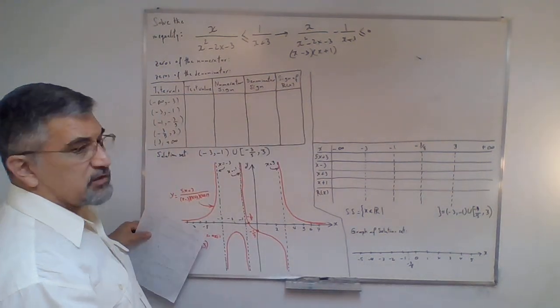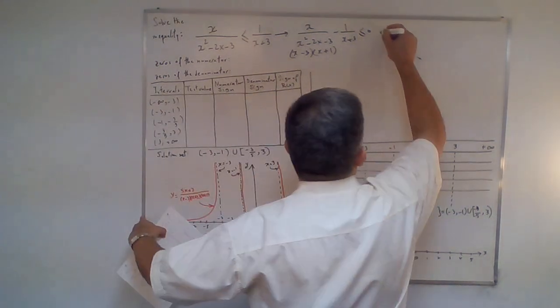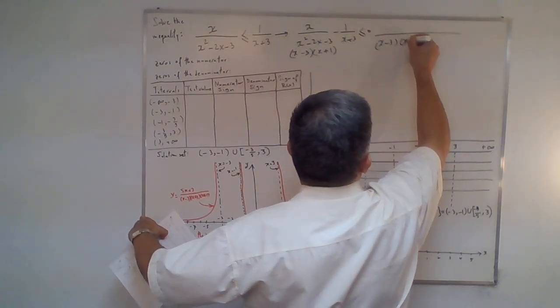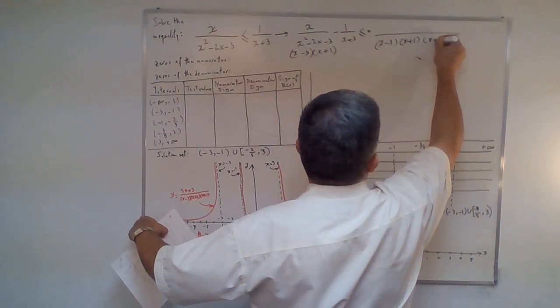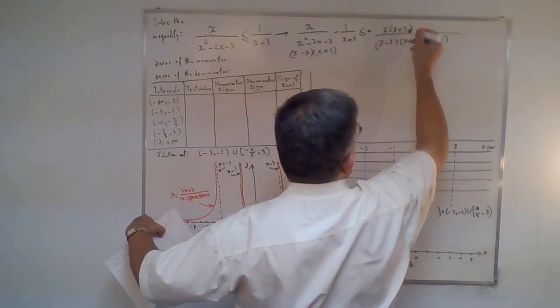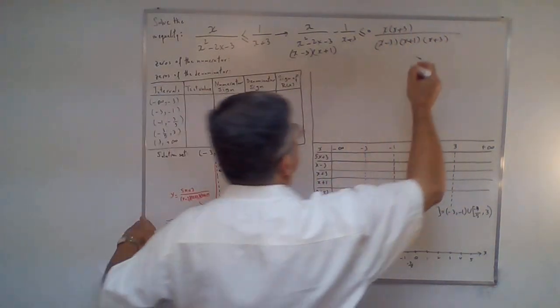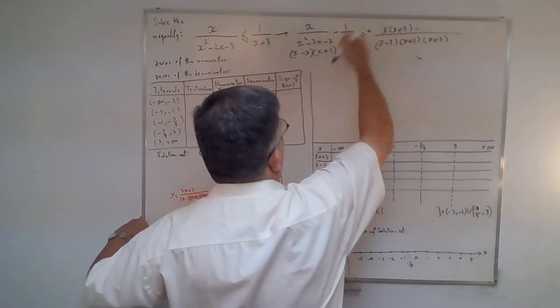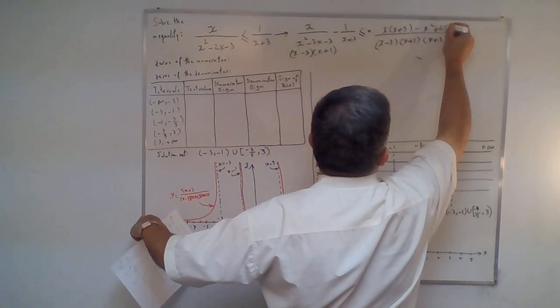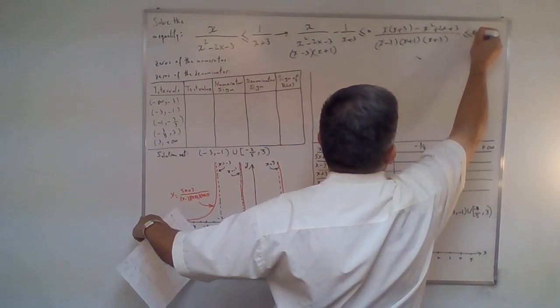So we're going to find the lowest common denominator, LCD. So we get x minus 3 times x plus 1 times x plus 3. So we get x plus 3, and then minus the product, which is actually x squared plus 2x plus 3 less than or equal to 0.